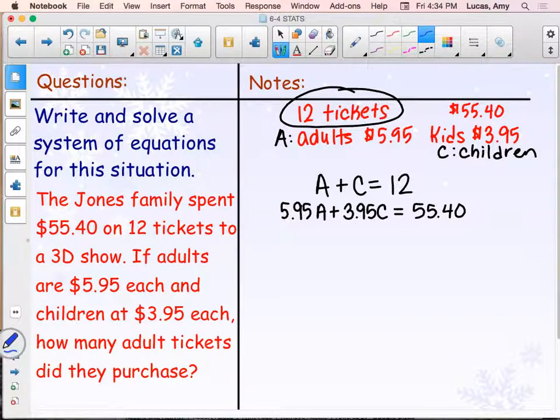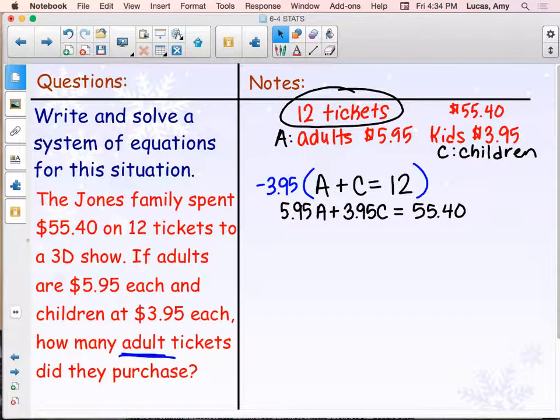Now, in order to use elimination, I need opposites, and guess what? They want to know how many adult tickets were purchased, so I need to eliminate the children. The opposite of $3.95 would be negative $3.95, so that's what I need to multiply by.